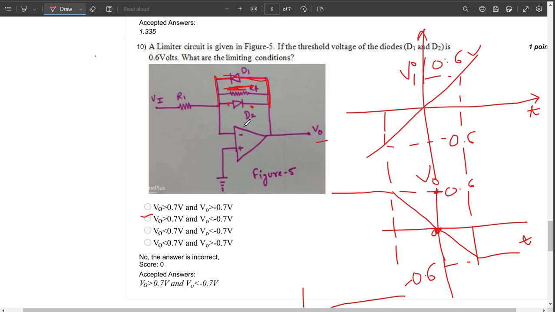So when one of the diodes starts conducting, it will be taken as a short circuit, and the voltage drop it has will be 0.6 volt, and that will be the limiting condition. So that appears on the output voltage. And similarly, in the next cycle, another diode will be conducting and one diode will be reverse biased.